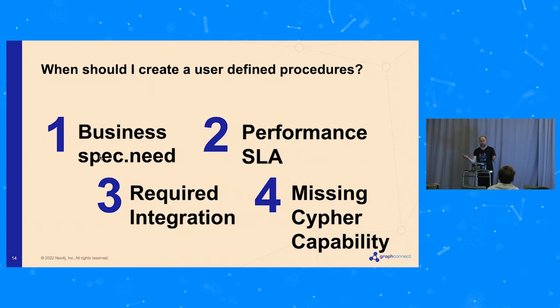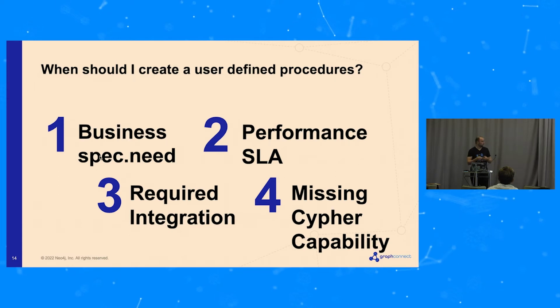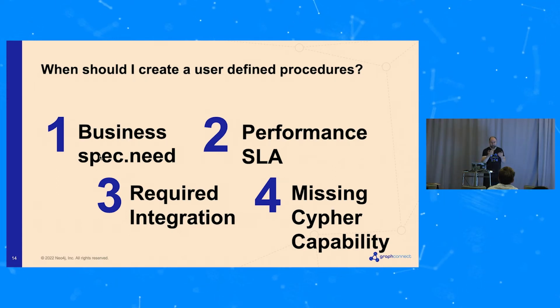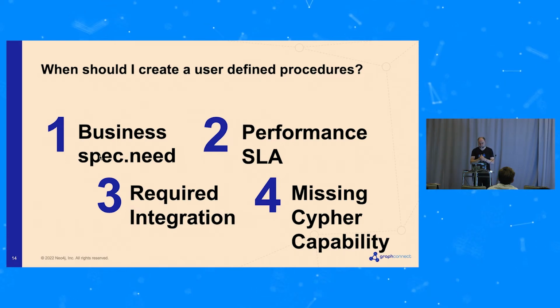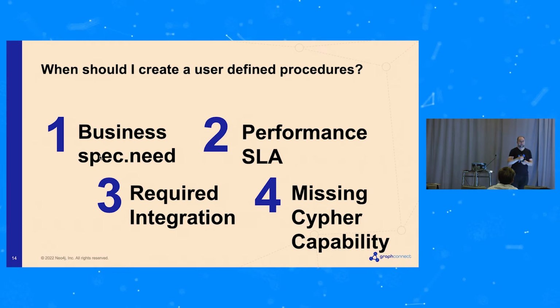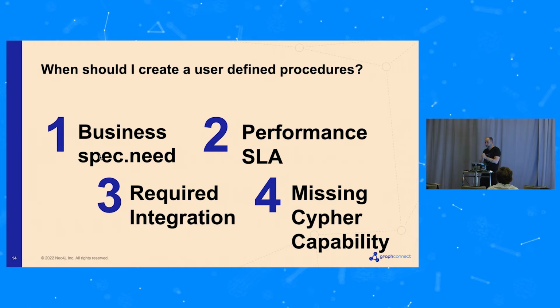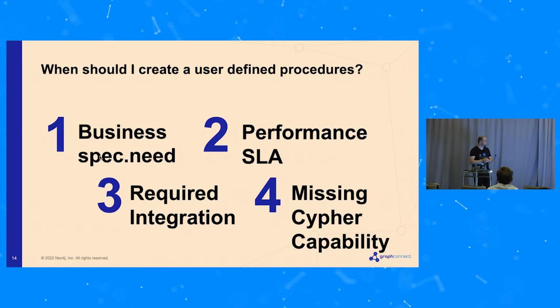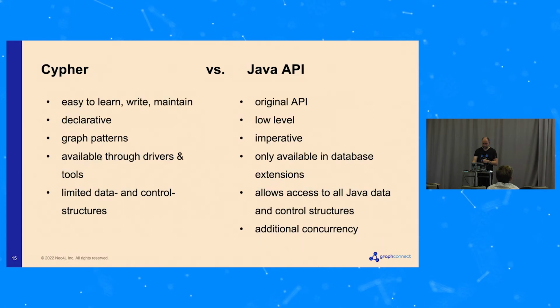Cypher has maps and lists, but you can only create them declaratively, not programmatically. So from that perspective, you need to use something else to use these kinds of data structures as well. Or if you have an integration that doesn't exist, for instance, in APOC, and you have to integrate with a certain system that you want to do via a procedure, then that's also a possibility to use them.